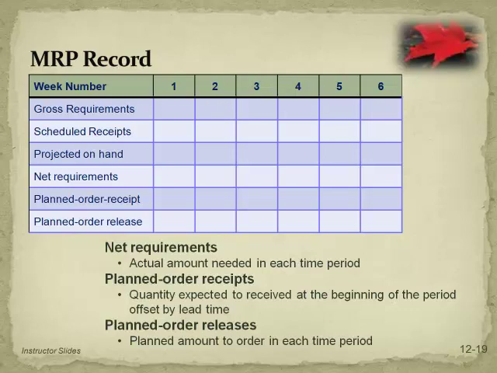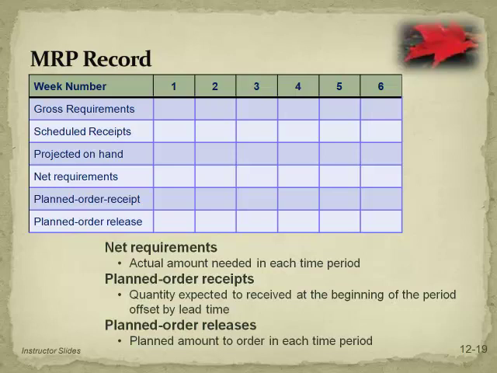A planned order is an order to create more of this particular inventory item, either through production or through purchasing. There's a certain quantity that we need, and we need that quantity on a particular date. So the receipt means this is the date on which we need it. The planned order release is the planned order receipt date minus whatever the lead time is for this item.